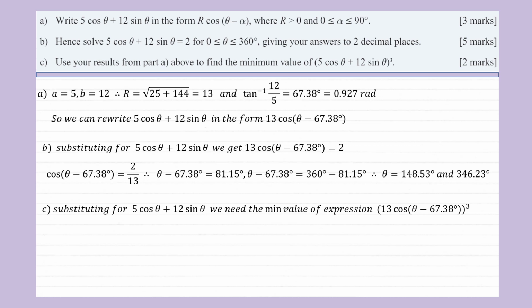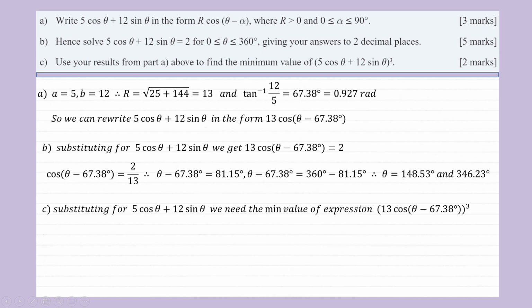The third part, which is another use of the R-value formulas, allows us to find maximum and minimum values of mixed coefficient combinations of sines and cosines. You can see that this time the expression that we want to find the maximum or minimum value of can be rewritten by substituting for the 5 cos theta plus 12 sine theta.